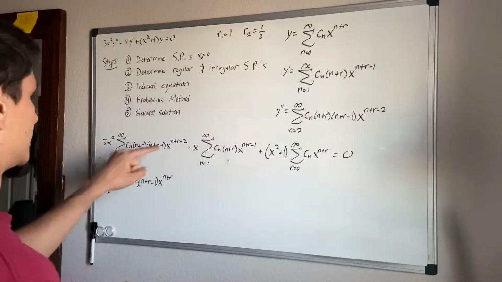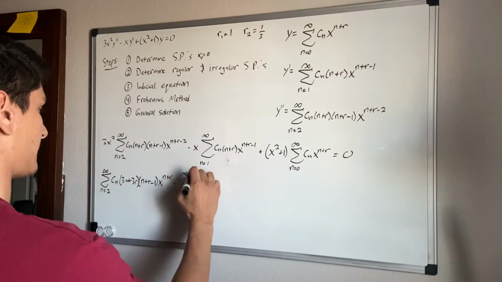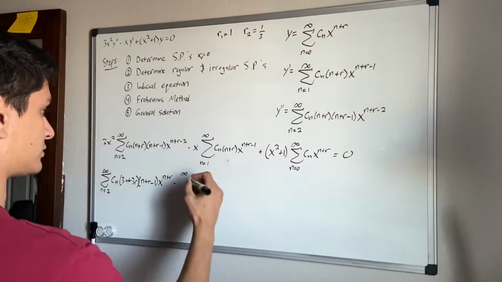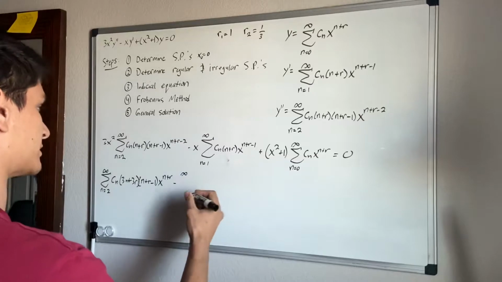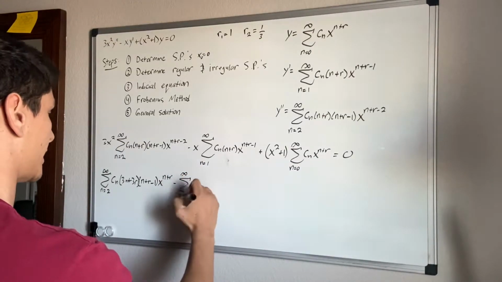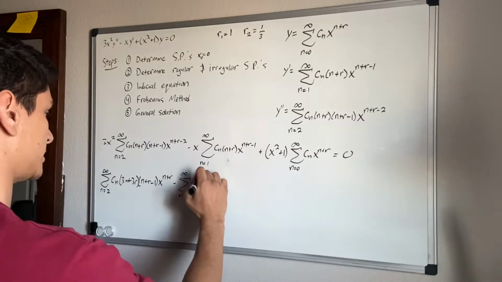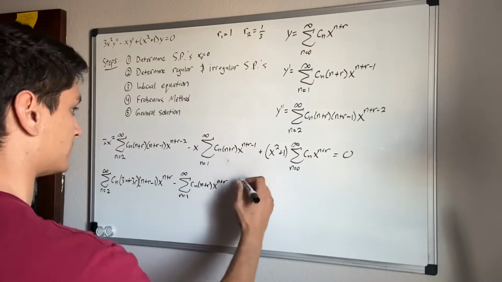They're going to add negative 2 plus 2 equals 0. Then we have x times this term, x times x to the n plus r minus 1 is x to the n plus r. So it's going to be n goes from 1 to infinity, c sub n times n plus r times x to the n plus r.